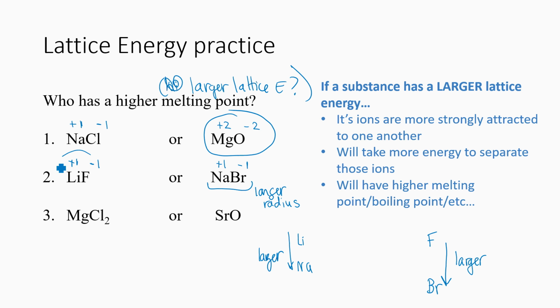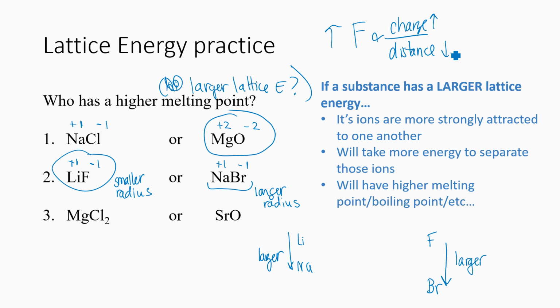The one with the smaller ionic radius is going to be more attracted, so it will have a larger lattice energy. Because again, remember our two variables: the force is proportional to charge over distance. The one with a larger attractive force is going to have the larger charge or the smaller distance, which would be like your radius.